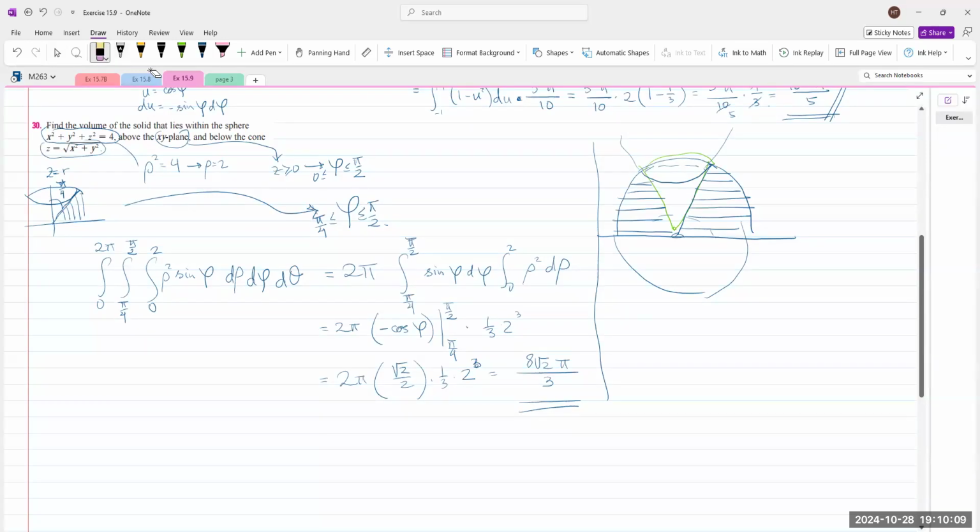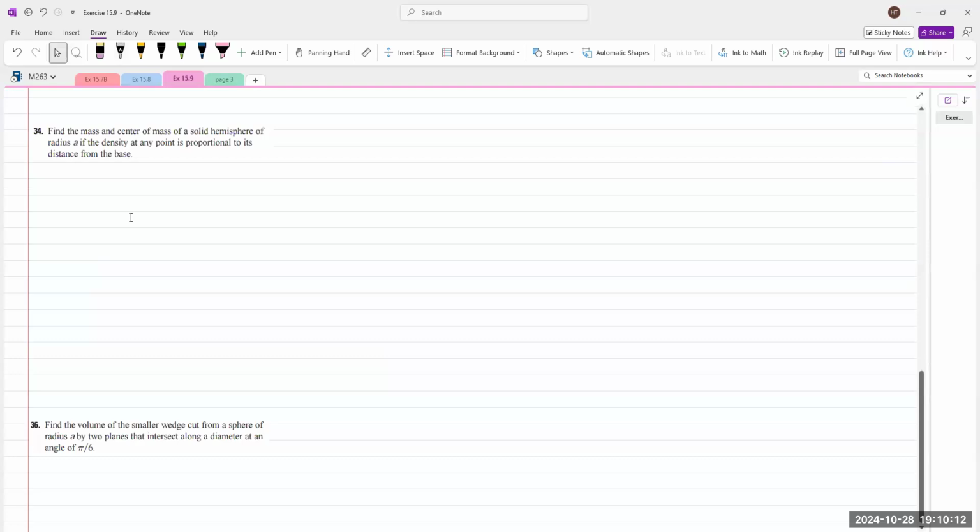Oh, anything else? Last one. Oh, there are 2 more. I will just set them up. I will not work it out anymore because of the time. So find the mass and center of mass of a solid hemisphere of radius a.